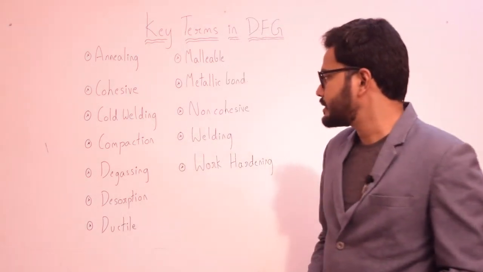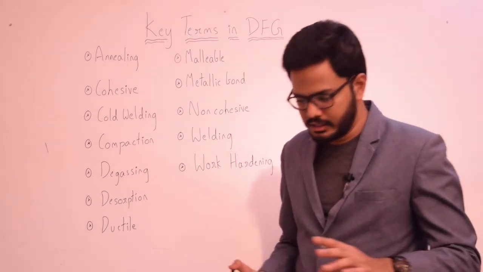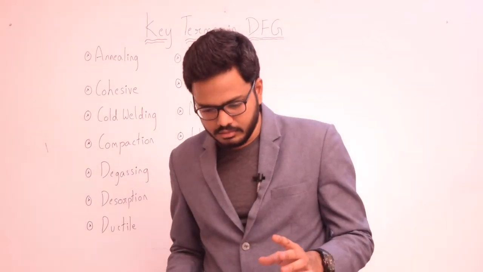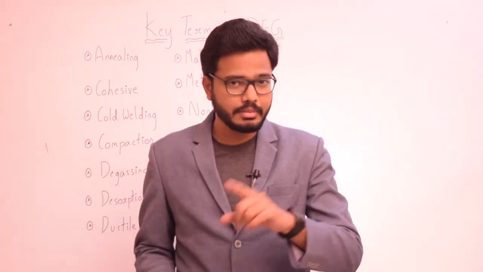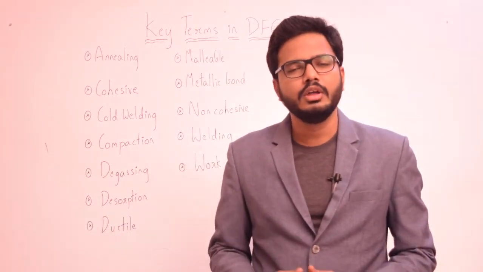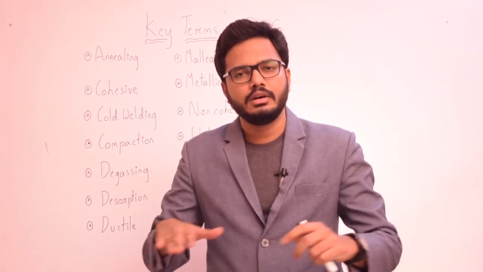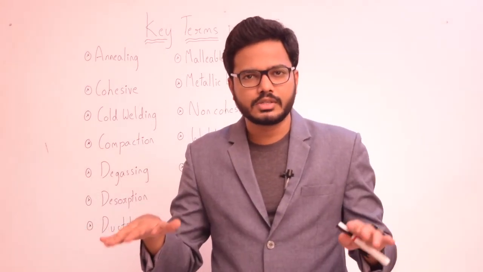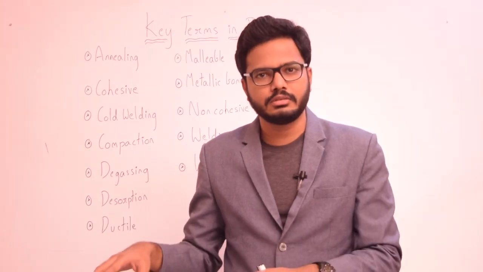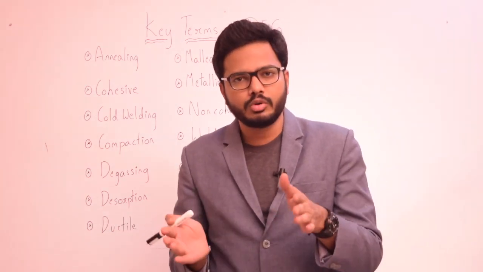And then we have degassing. Degassing, as the name itself indicates, is removing gases from a surface. As I mentioned before, in cohesive and non-cohesive forms of gold, the manufacturer places a layer of ammonia gas on the surface of gold to prevent contamination, so that different layers of gold don't fuse together.